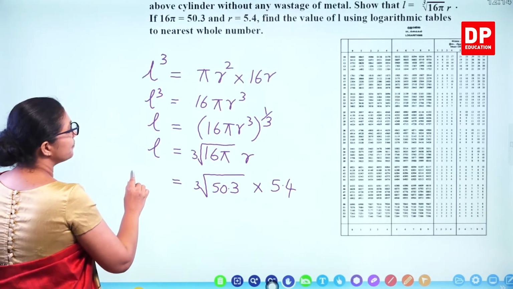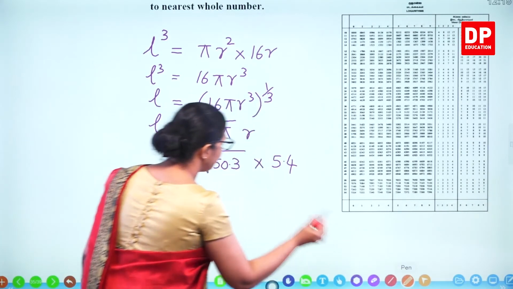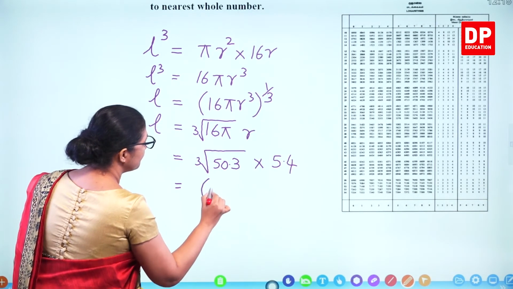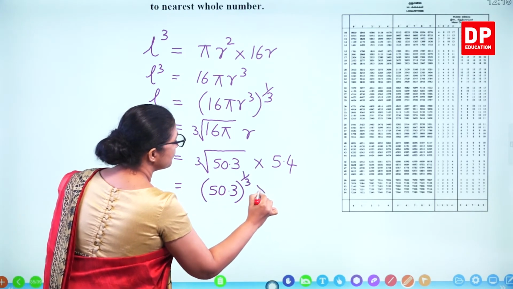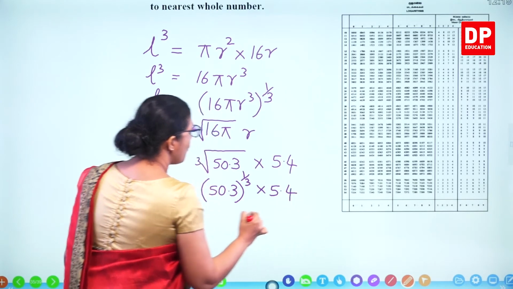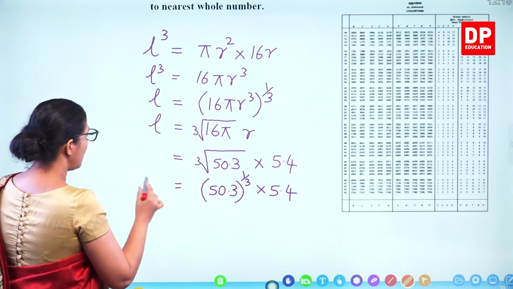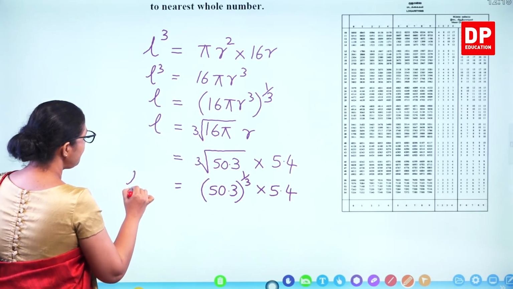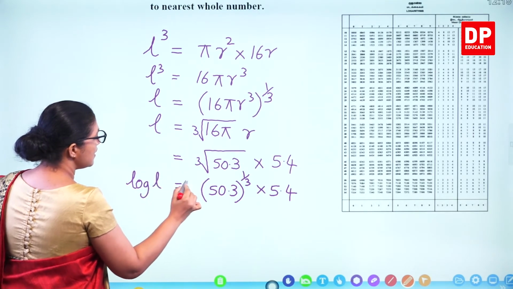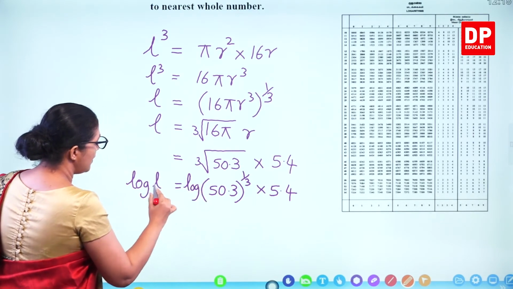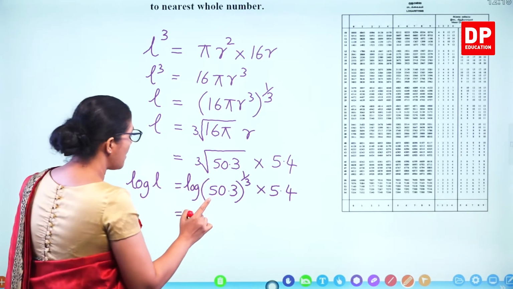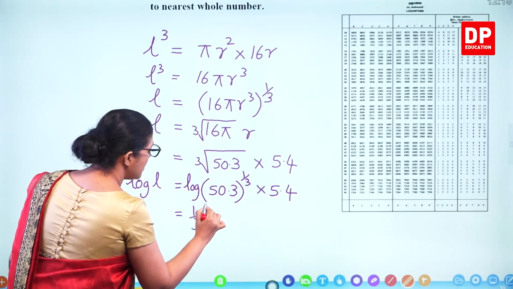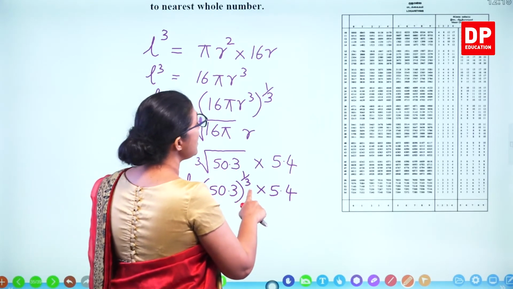Now this is 1/3. Use tables to find out the value. So take log both sides. Log of L is log of this value. Then multiplication becomes addition. 1/3 log of 50.3.